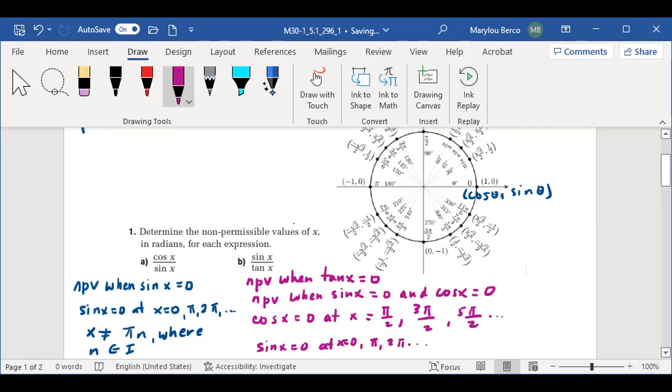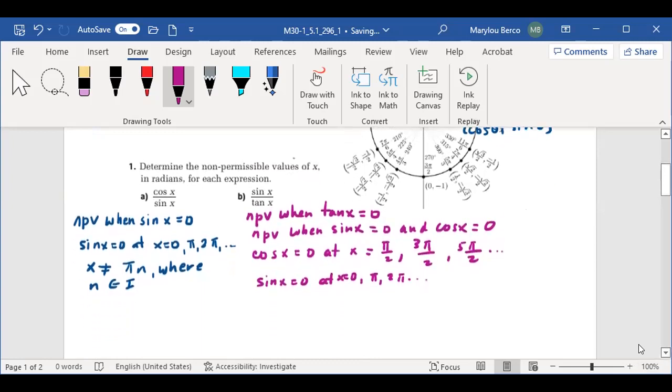So therefore, x cannot equal pi over 2 plus pi n, and x cannot equal pi n, where n is an element of integers.